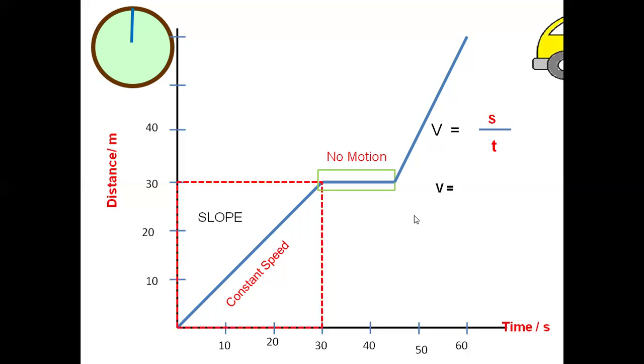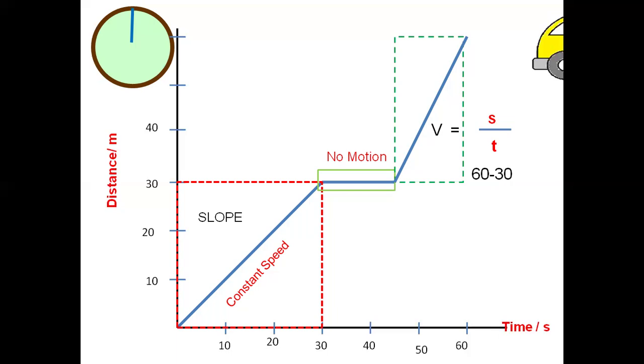So what is the speed in the first part? Distance covered is 30 meters and time is also 30 seconds. So the speed in the first part is 1 meter per second. Now in the second part, after the car moved back, what is the speed of the car?